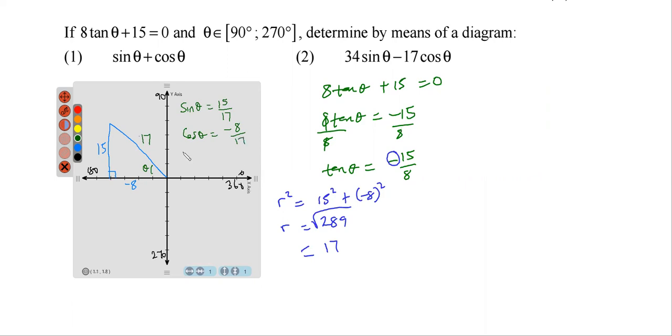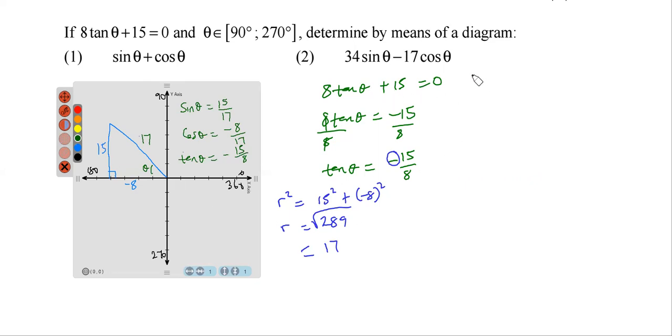What about tan theta? We're given that tan theta is negative. It's 15 over -8. Okay, so it's like that.